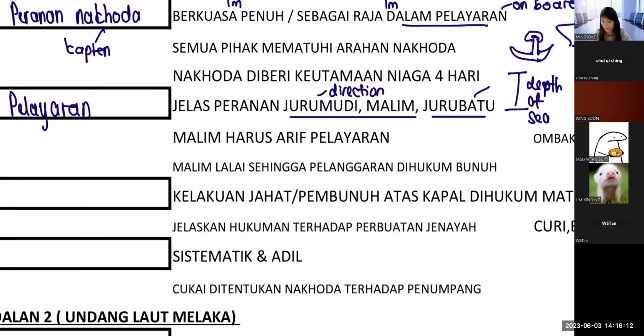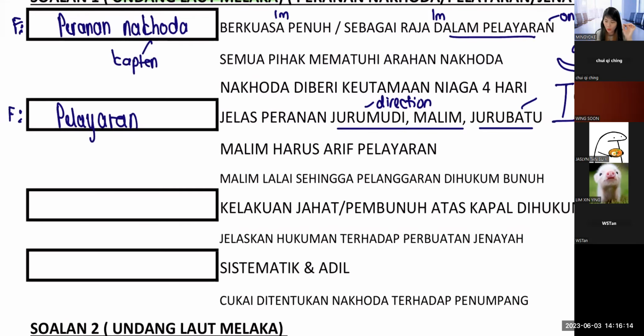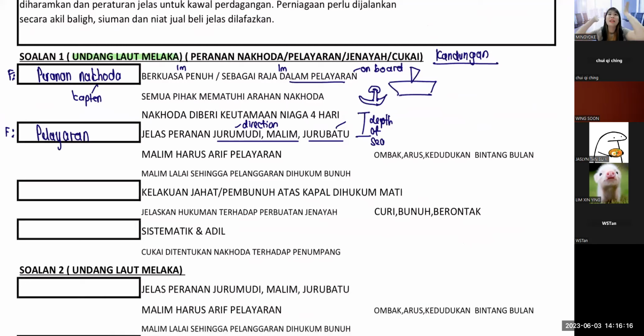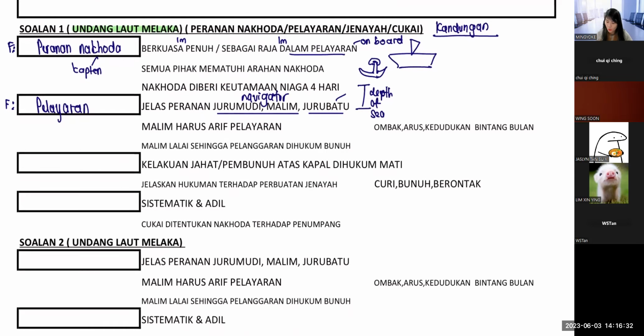Direction, the compass. They look at the wind, the current of the sea, everything to direct. You can say the navigator also. Navigator. For Jurumudi and Malim is the same. Okay. So Malim, as the navigator, has to be expert in sailing.